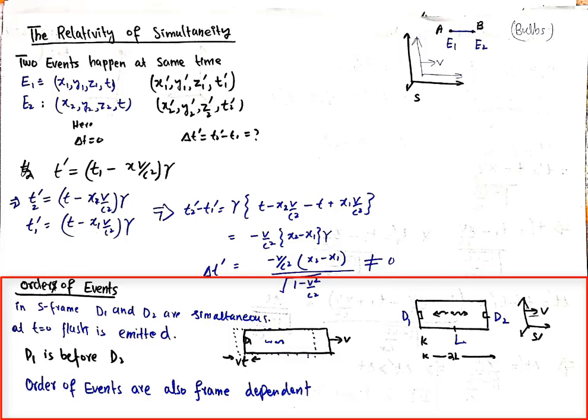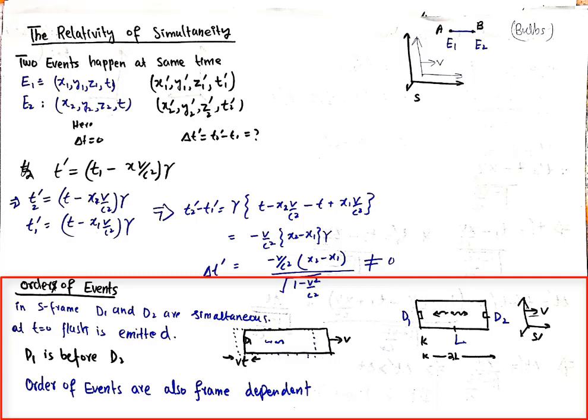But now consider the S prime frame that is moving with speed v. If the frame, or the entire setup, is moving along the positive x direction, then detector D1 has to travel less distance, because when light originates from the midpoint and travels towards D1, in that time D1 has moved a distance given by v multiplied by the time interval.